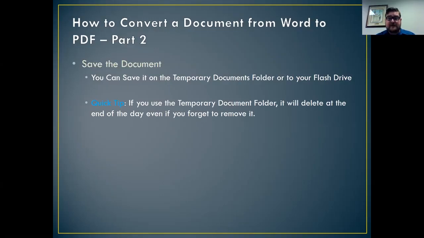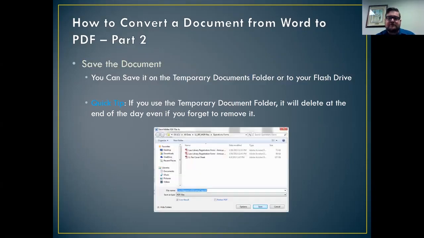Now, of course, if you call us and we do it for you, you don't need to worry about that because we'll send it to your personal email. The other way to do it, you can hit the Save As type and select PDF. Remember to title your document so it's something that you can remember, and then go from there.